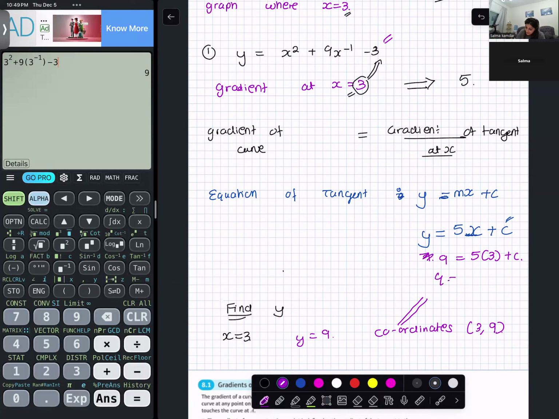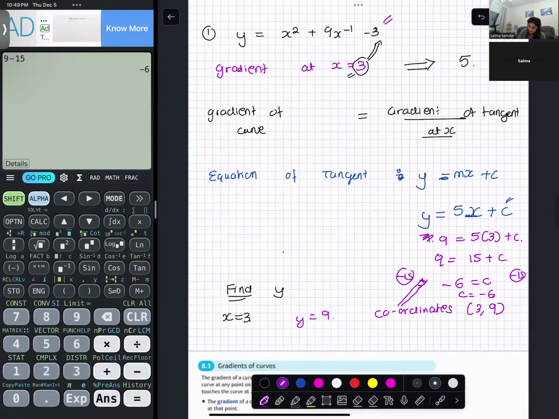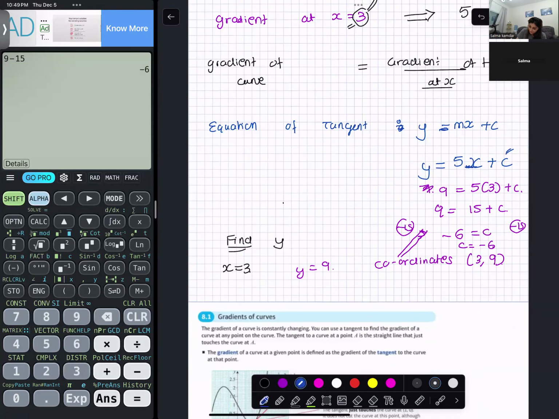So 9 is equal to 15 plus c. I'm just going to remove 15 from both sides. So 9 minus 15 gives me minus 6 is equal to c. So c is equal to minus 6.